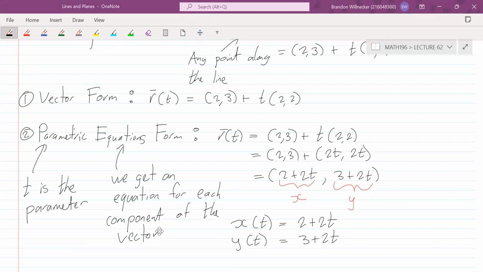So here, since we're working in R2, we get these two equations, one for x and one for y.